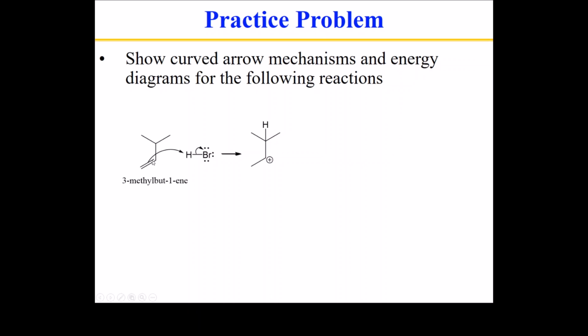So I'm going to open the door such that my door handle is on this side, and I'm going to swing the door out away from the secondary position and reach that door around until it grabs the hydrogen. So I probably should have shown this mechanism a little bit more usefully, but what I'm trying to show here is that the pi bond swings all the way around and grabs that hydrogen, and we end up with the carbocation at this position.